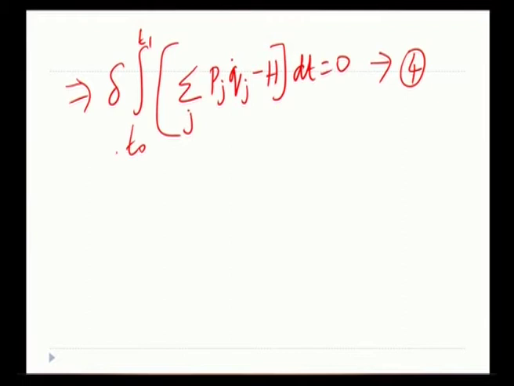Then this is known as the modified Hamilton's principle.